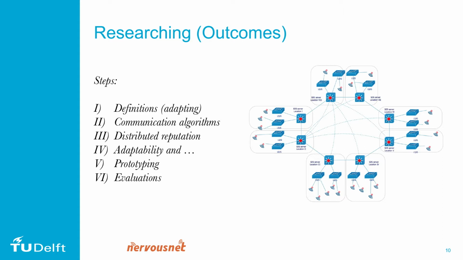Then, because we're talking about a large-scale system, you need to find the right communication algorithm, a fault-tolerant, decentralized, distributed algorithm. So for this, I'm looking at gossiping protocols and epidemic protocols for communication. Then you need to define what is reputation and how you can do distributed reputation. There is research on this, of course, but then you need to, again, adapt it to the meaning of participation, participation being the keyword.